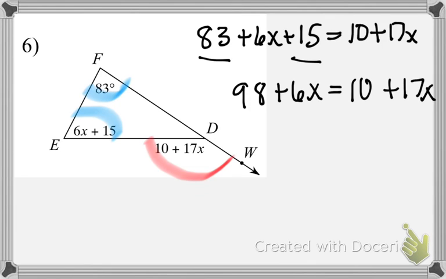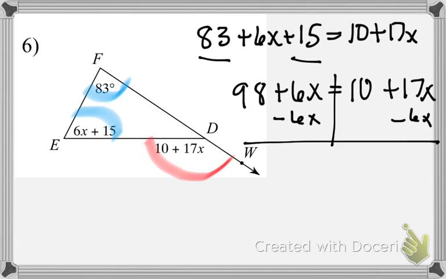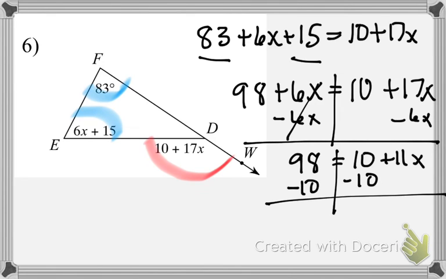Okay, we want the x's on the same side, so we're going to do the inverse operation, subtract 6x from both sides. It's going to cancel out there. We get 98 is equal to 10, and then the 17 minus the 6 leaves us with 11x. We want to get rid of the 10, so we're going to do the inverse operation to both sides, so subtract 10.